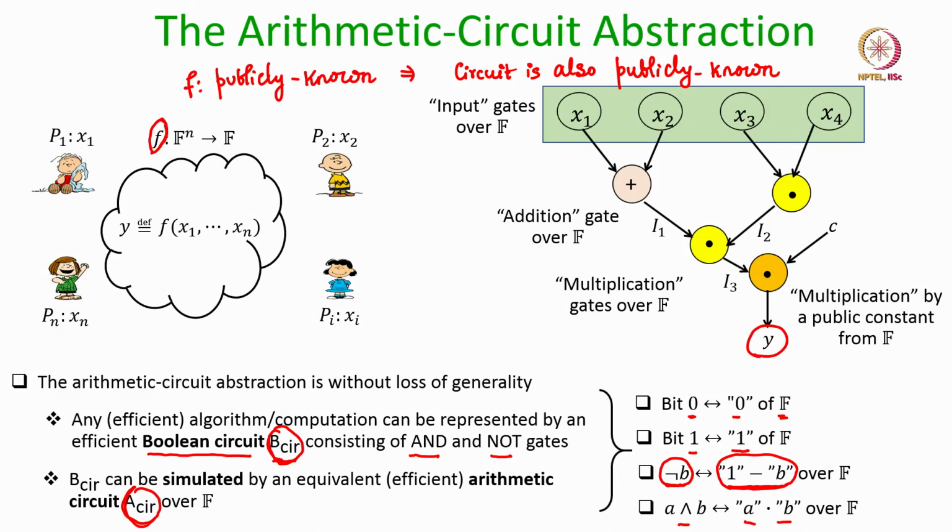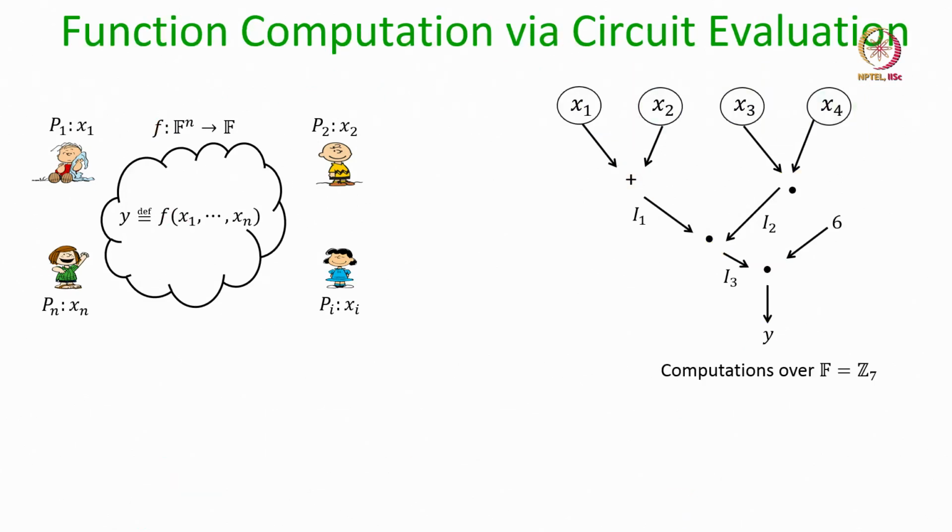Okay. So, that is why this arithmetic circuit abstraction is without loss of generality. I am not making any sophisticated assumption by assuming that the computation is represented by some arithmetic circuit over a finite field.